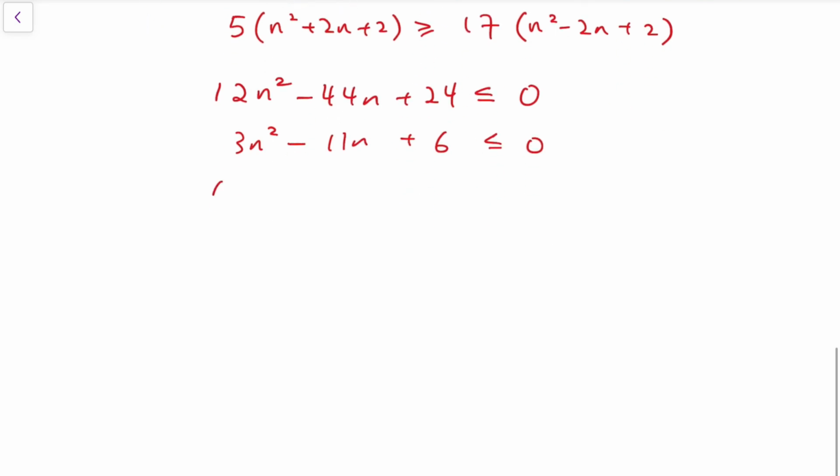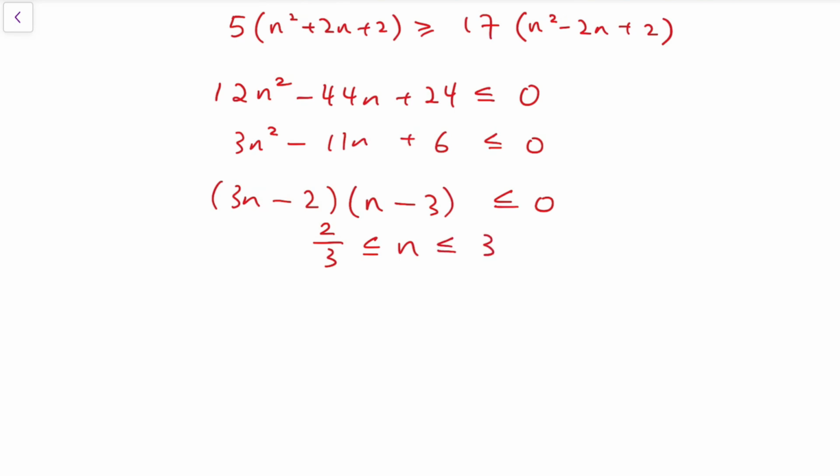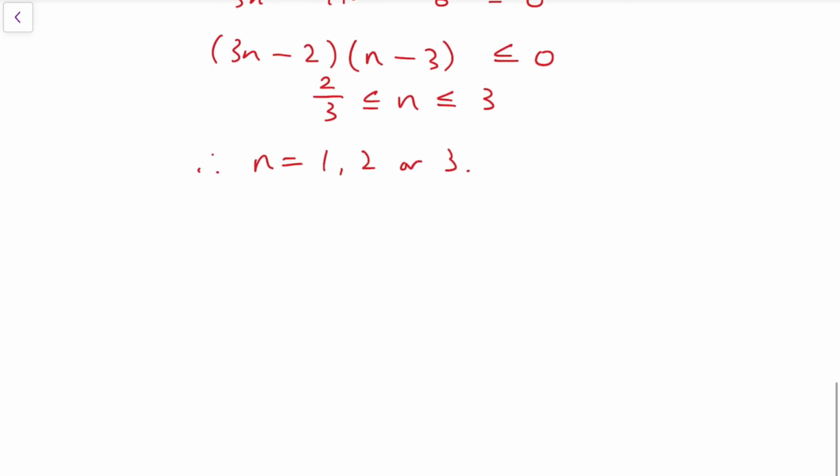And reducing the coefficients, we can factorize more quickly. And we have n between 2/3 and 3. And we know that n has to be a positive integer. So now we only have 3 cases to check, which are 1, 2, or 3.